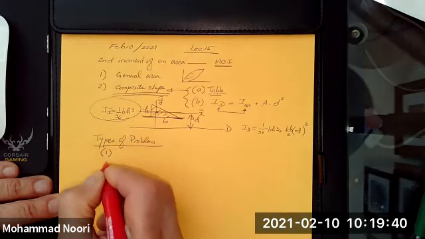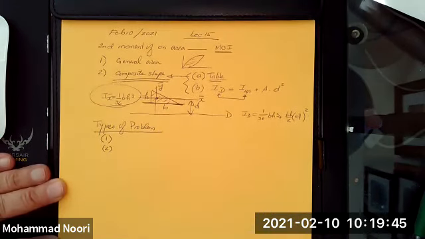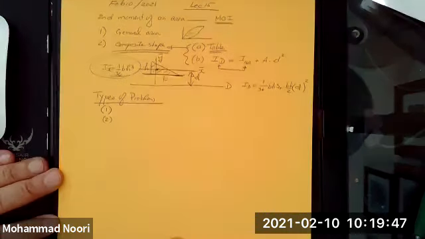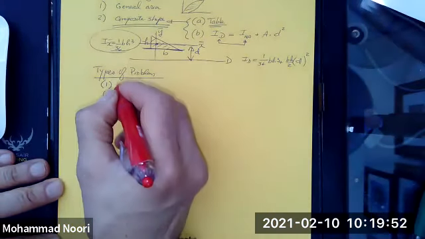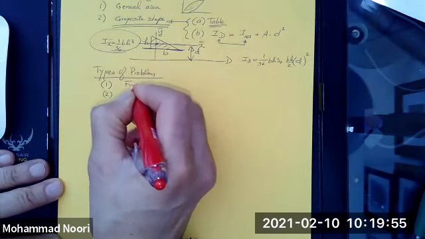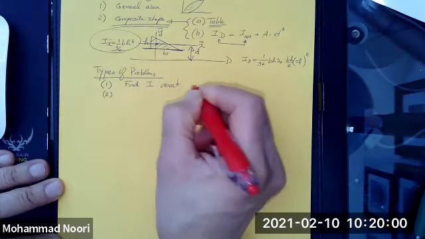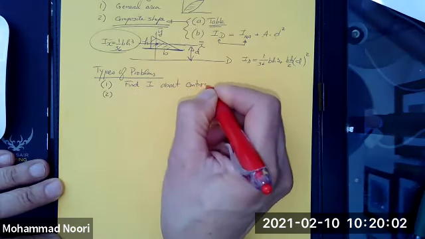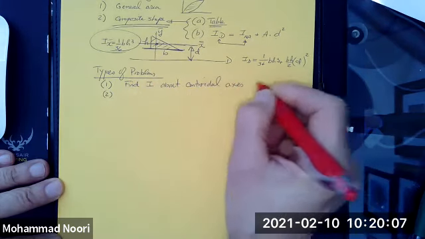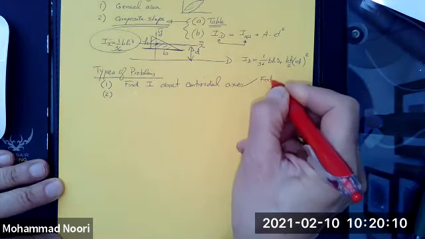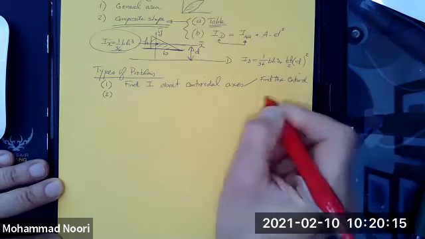Problem type number one, which is more involved, is not more difficult, it's just that algebraic operations would be more involved, is you are asked to find moment of inertia about centroidal axes. That means what? You need to find the centroid of the shape, which is what we've seen before, right?